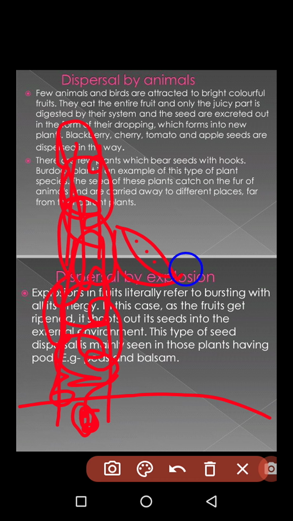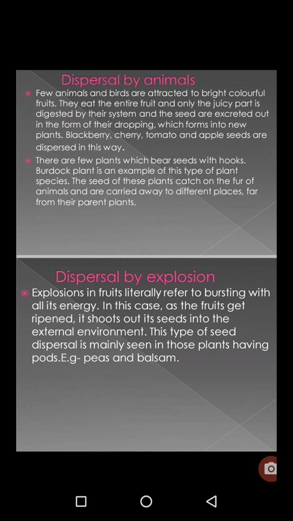When it comes from there down, some seeds go here and there, so the dispersal by explosion is done.